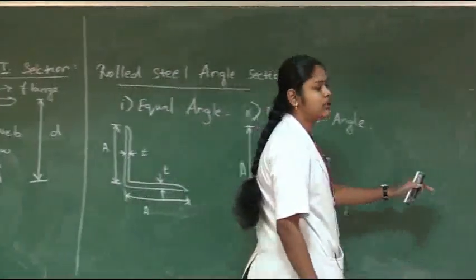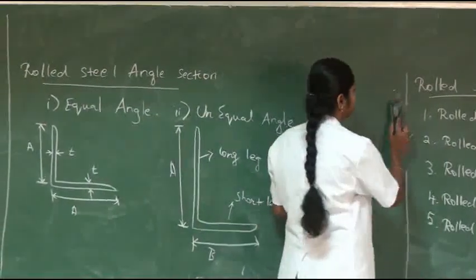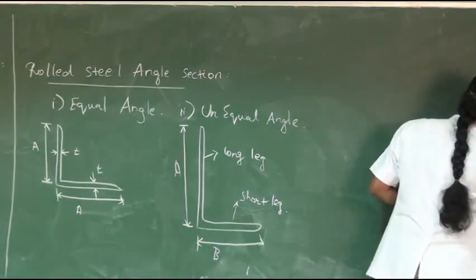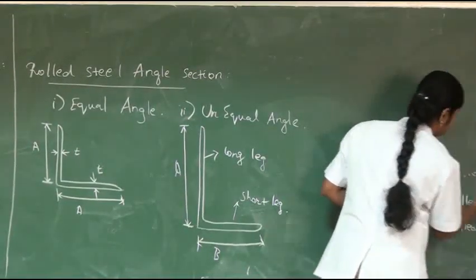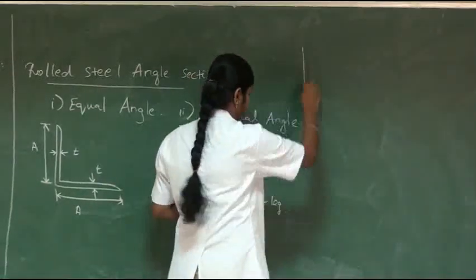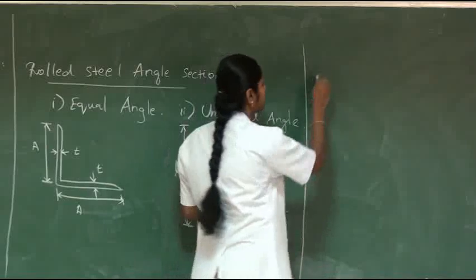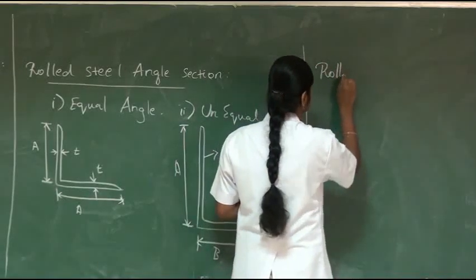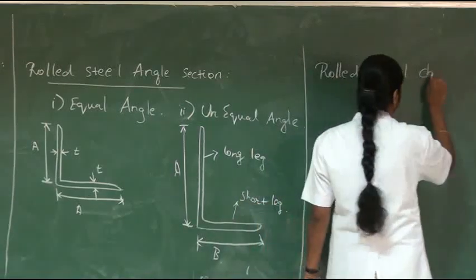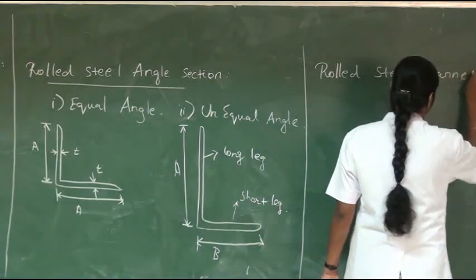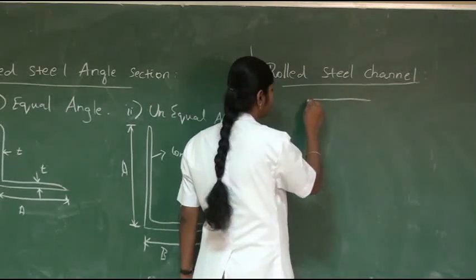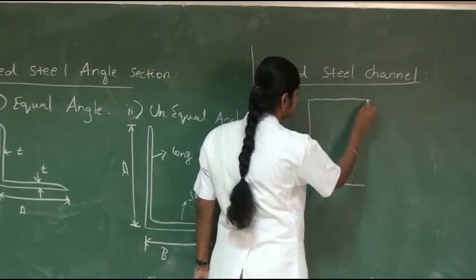Then we are going to see the rolled steel channel section. This is a typical drawing for rolled steel channel section.